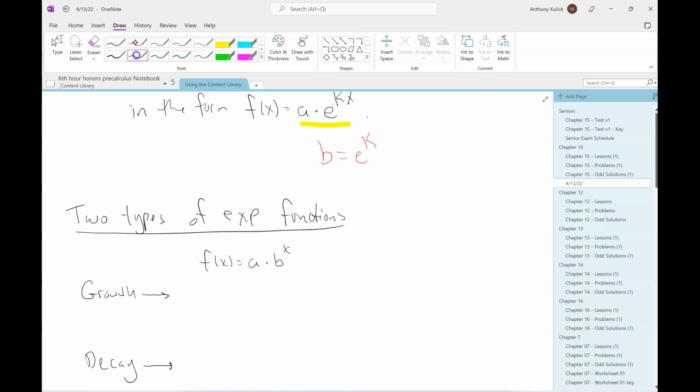So if we have the classical definition of an exponential, if the a is greater than 0 and the b is greater than 1, that's growth. And if the a is greater than 0 and the b is between 0 and 1, that's going to be decay.